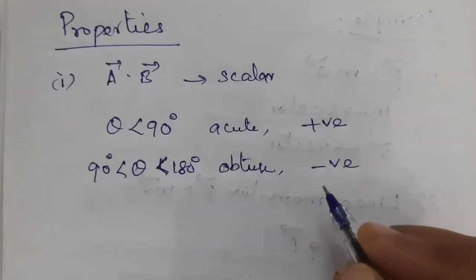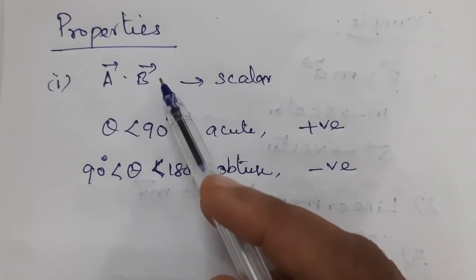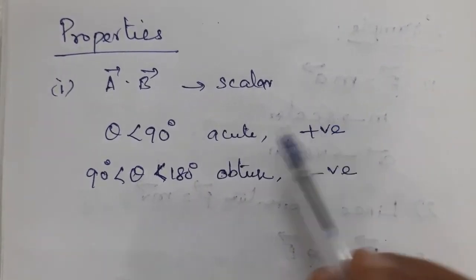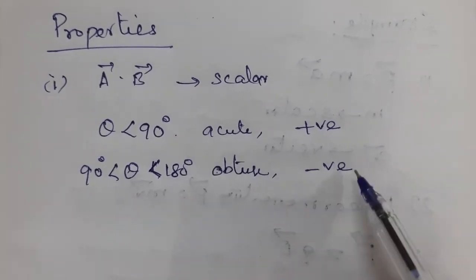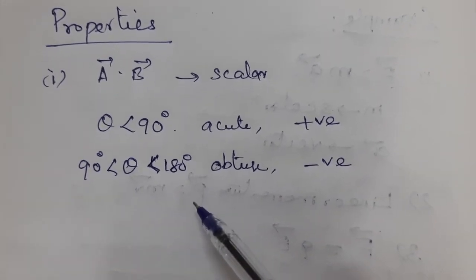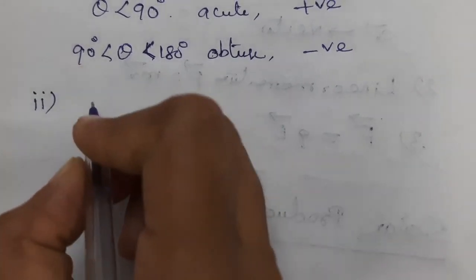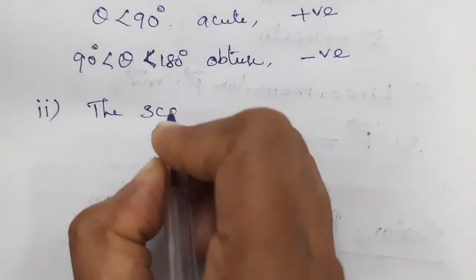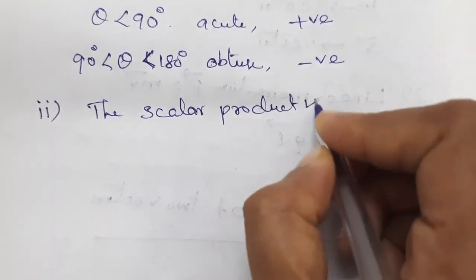This is the first point. The product quantity A dot B is always a scalar. It is positive if the angle between the vectors is acute. It is negative if the angle between them is obtuse. Second property, the scalar product is commutative.